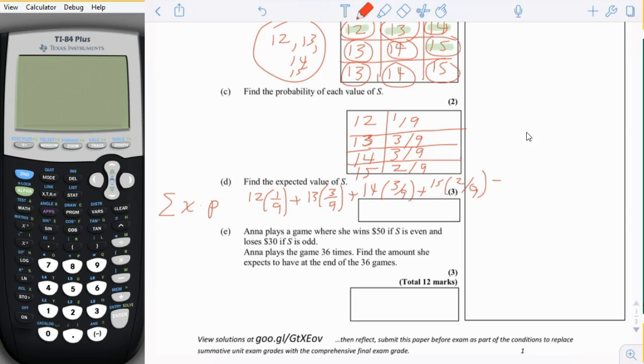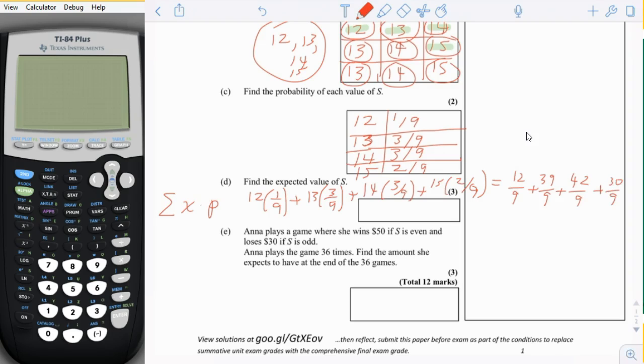Let's see. I think I can just change them all into fractions. 12/9 plus 39/9 plus 14 times 3 is about 43. Is that right? No, it's 42. 42/9. And last of all, 15 times 2 is 30/9.